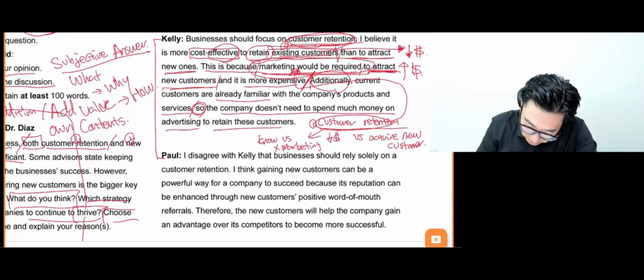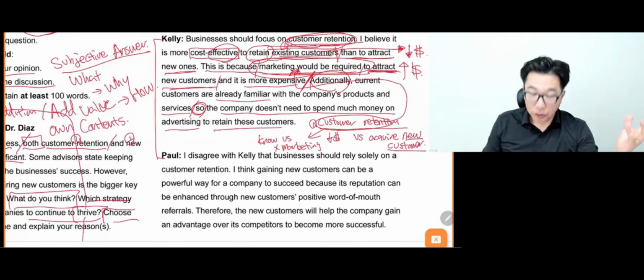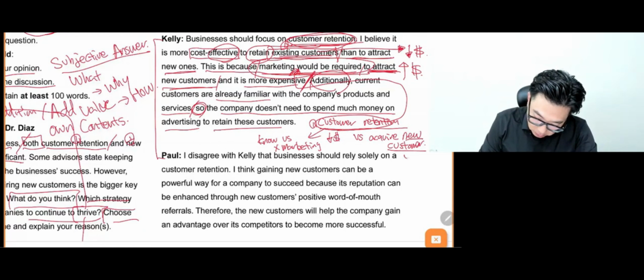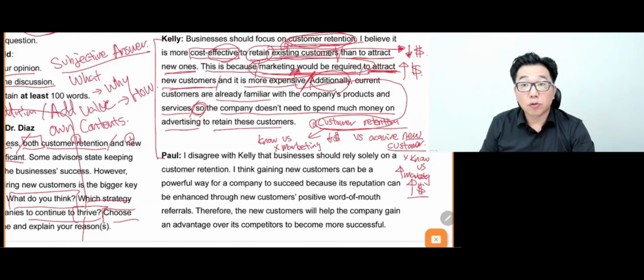Okay, and new customer means it's new, they don't know us, so we need to do more marketing, which means we need to spend more money to make sales.